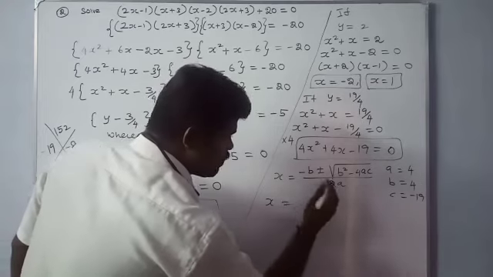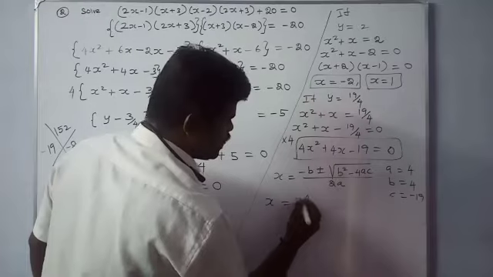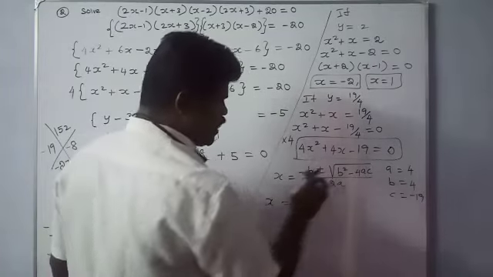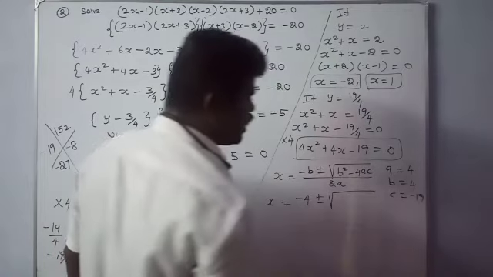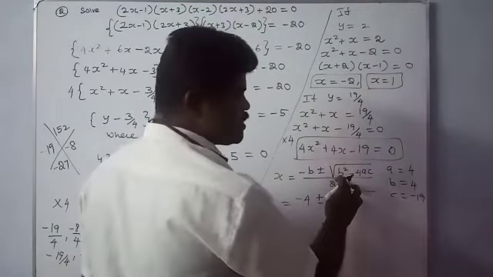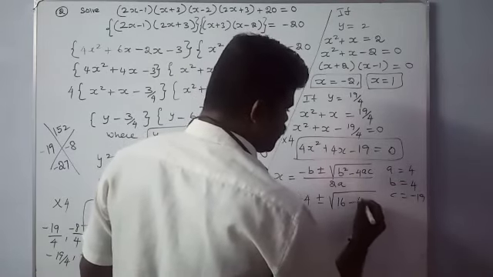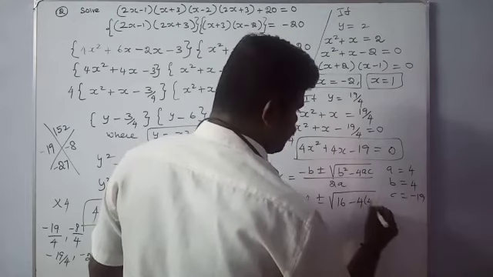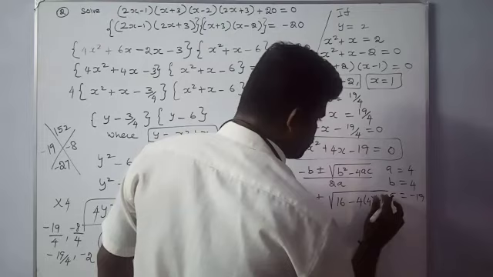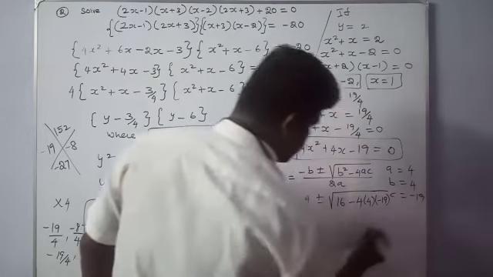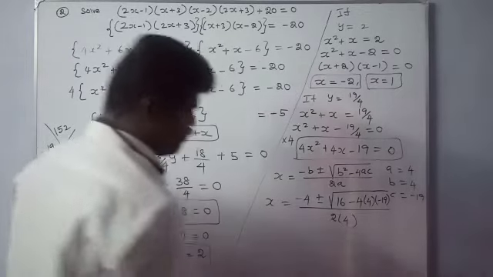Now x is equal to minus b, which means minus 4, plus or minus root of b square. b square means 16 minus 4 into a value 4 and c value minus 19, divided by 2 into 4.